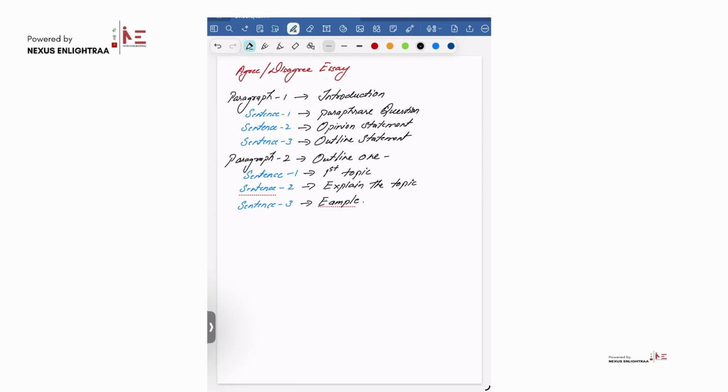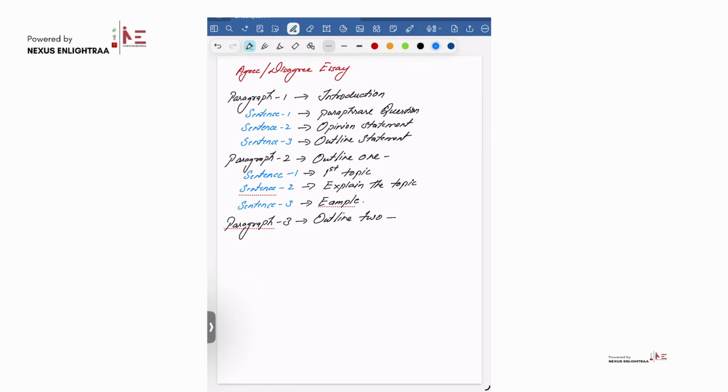Now we come to paragraph 3, and this is outline 2. I'll explain what outline is, but as of now, understand it as it is.